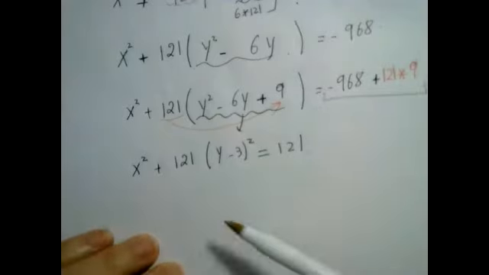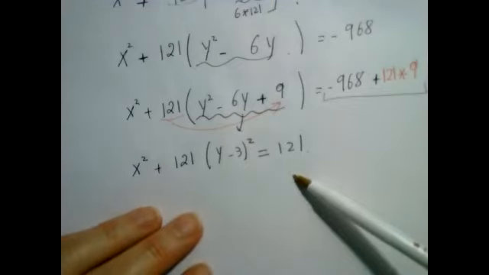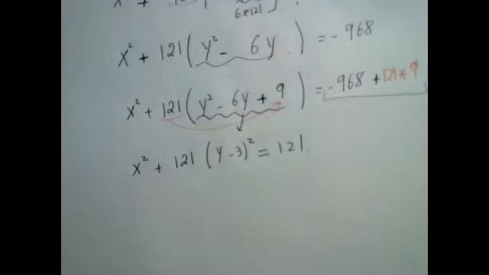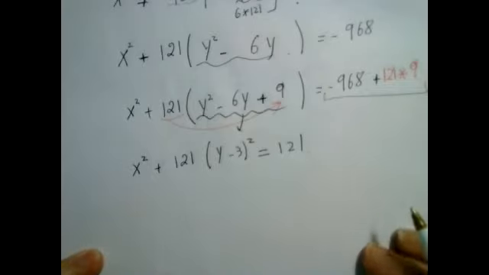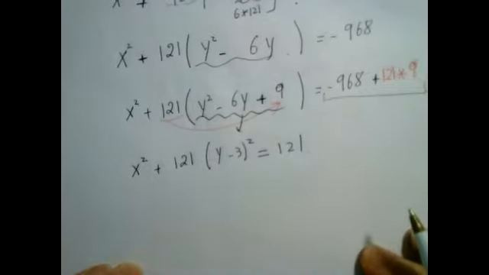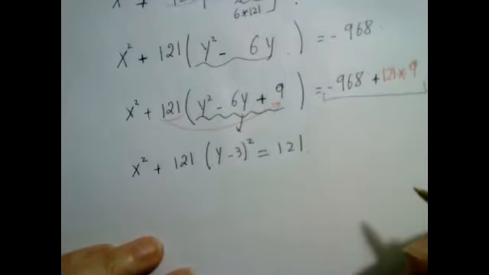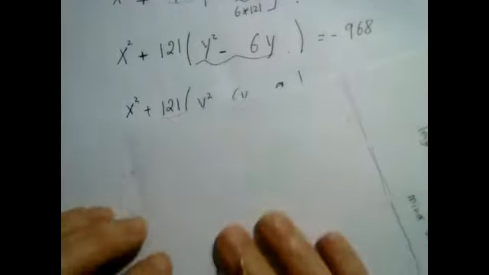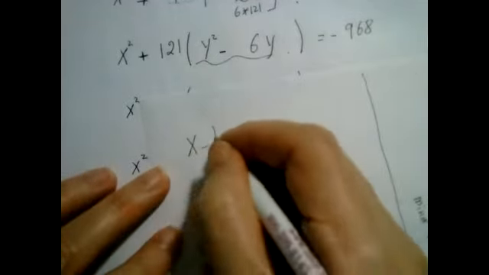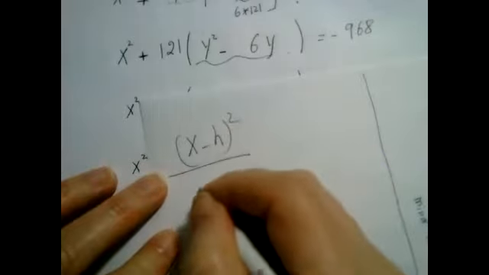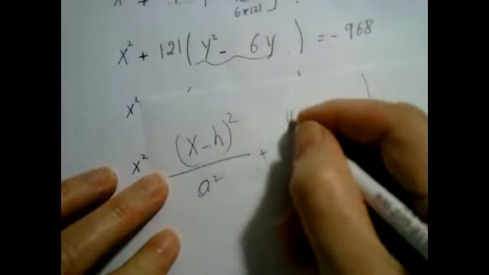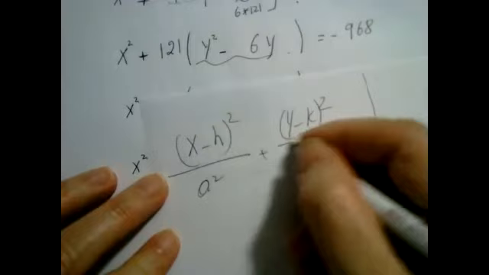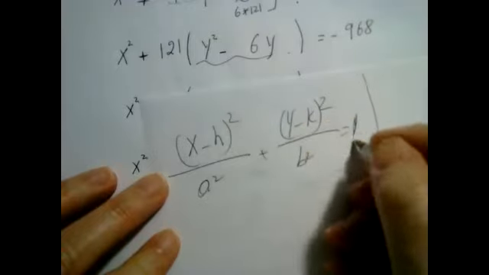Now, finally, it's starting to look like an ellipse. How can I make it look exactly like an ellipse? Now, what shall I do? Remember, the standard form of the equation of the ellipse is x minus h squared over a squared plus y minus k squared over b squared equal to 1.